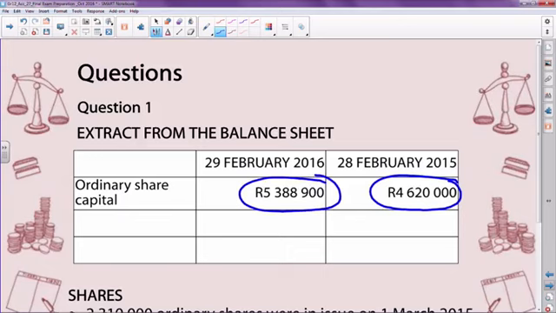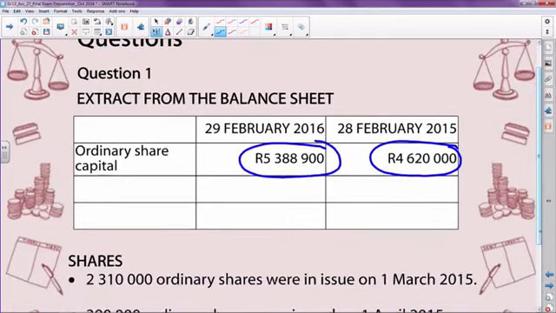The question wants us to calculate the amount that will appear in the retained income note. Now, obviously, you know that this means that we have to calculate the average price of our shares.